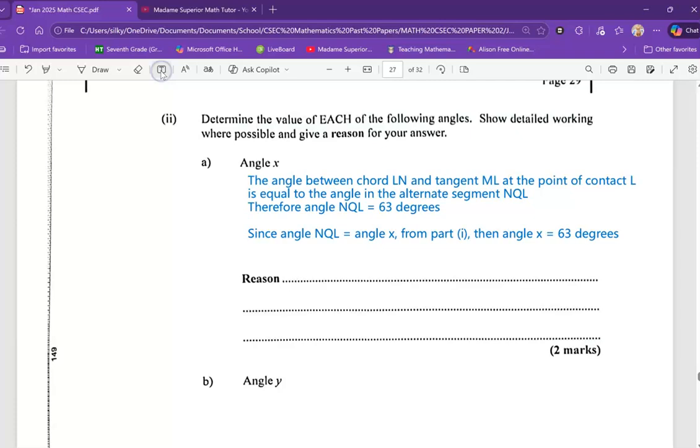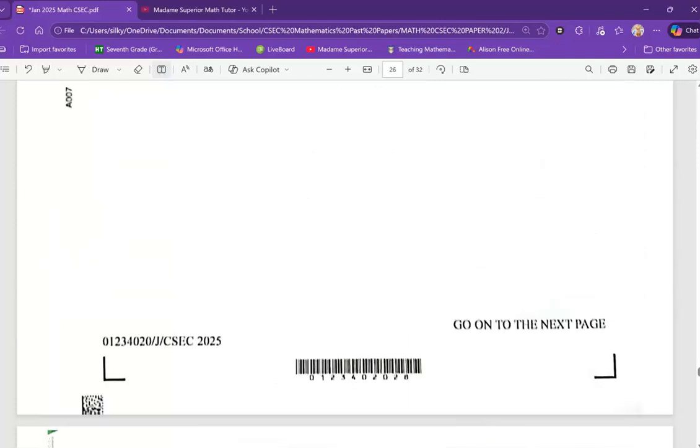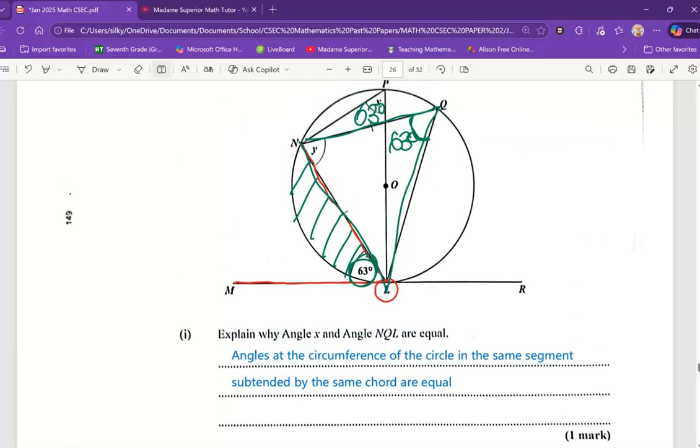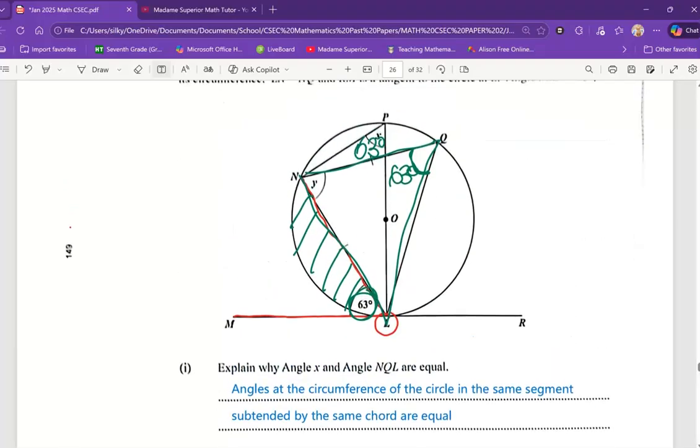Okay, so let's find angle Y now. So going back up to the diagram, let me just erase. Sorry about that. Okay, so let's go on to find angle Y.